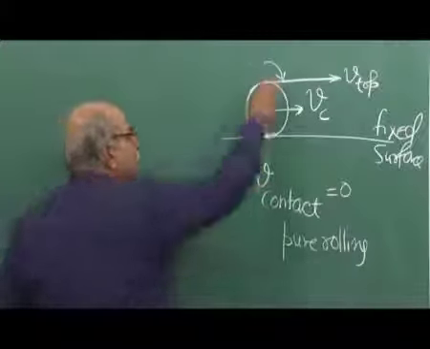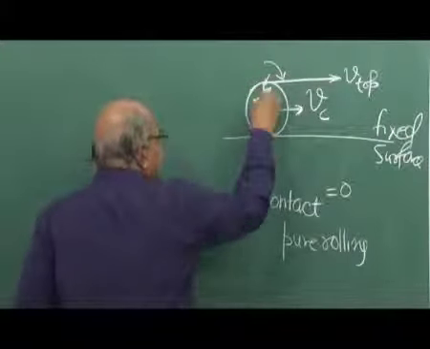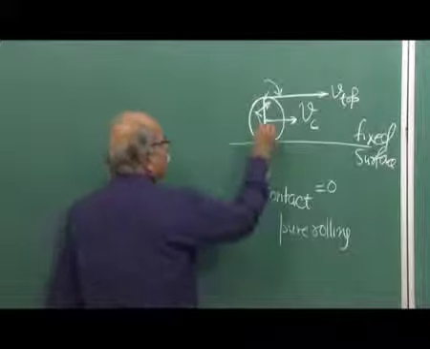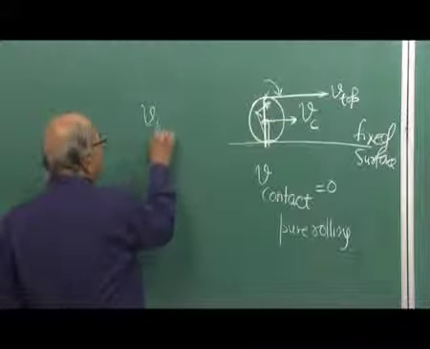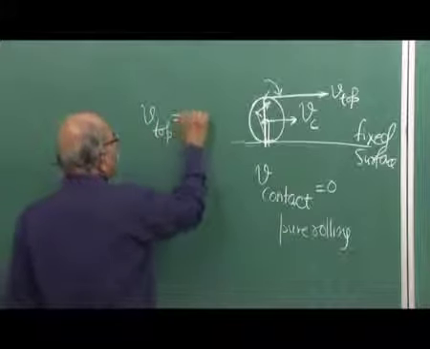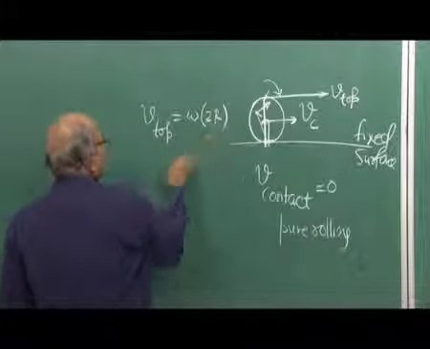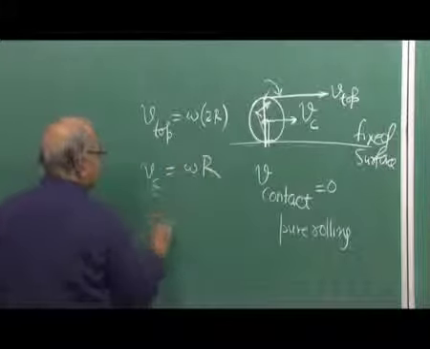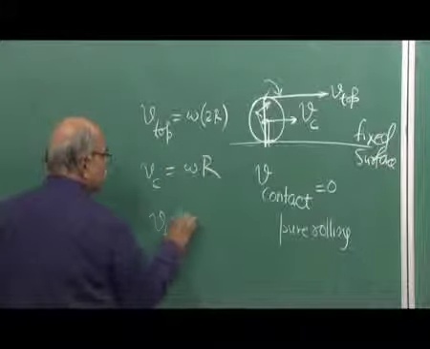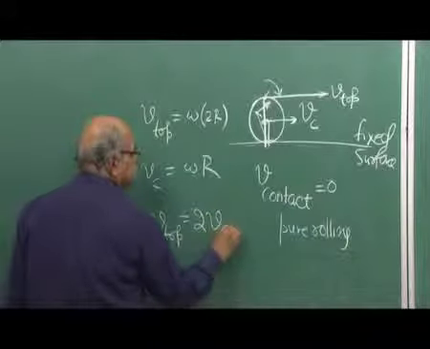If you look at the top point, this distance is 2 times the radius. If you look at the center, this distance is the radius. So V top is omega into 2r, and V center is omega into r. That means V top is equal to 2 times Vc.